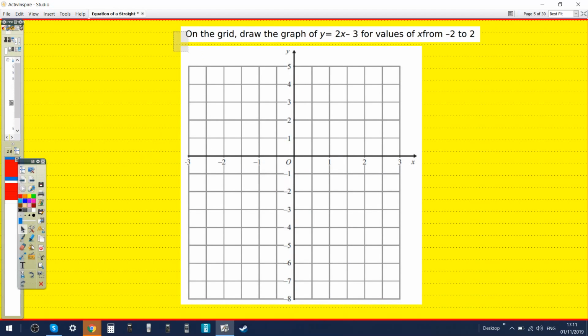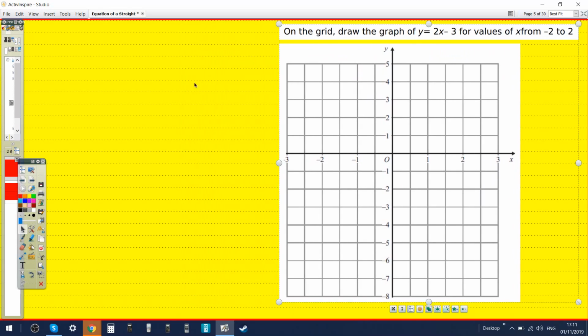On the grid, draw the graph y equals 2. Okay, do you have to plug in a number into x, so for example 1, so when x is 1, y equals minus 1? Yeah.